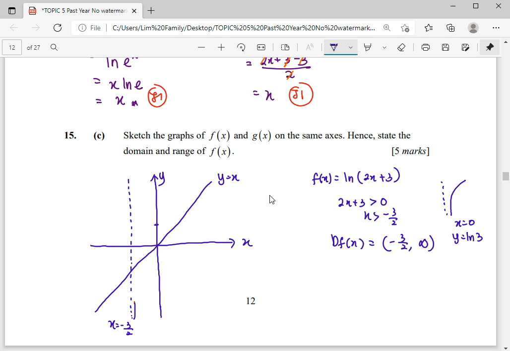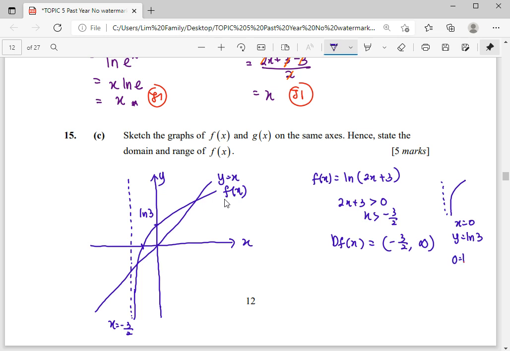So this is how we draw. This is the log graph, and it will shoot up. So this is our f(x). Y-intercept ln 3. So note the asymptote, note the y-intercept, and don't forget we have an x-intercept here. So for the x-intercept, we let y equal 0.